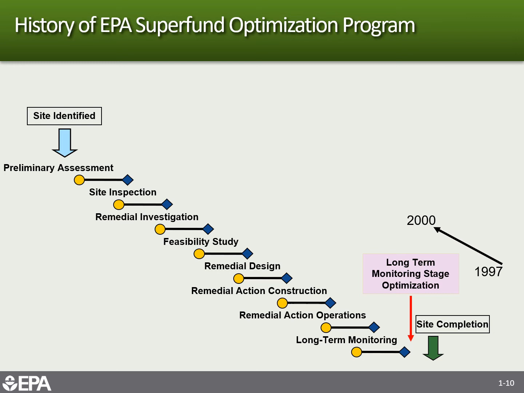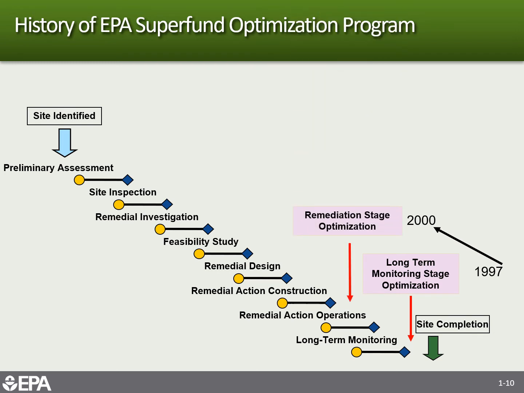At the same time, the Interstate Technology Regulatory Council, which is a group of state regulators, academics, and others, put together a series of guidelines on performing optimization. And by then also EPA had a web presence and had performed more than 100+ optimization events in the Superfund program itself.